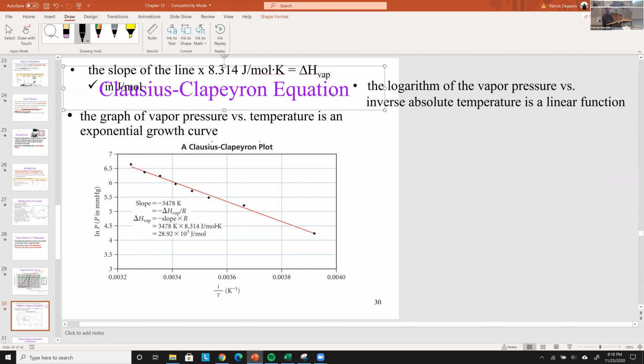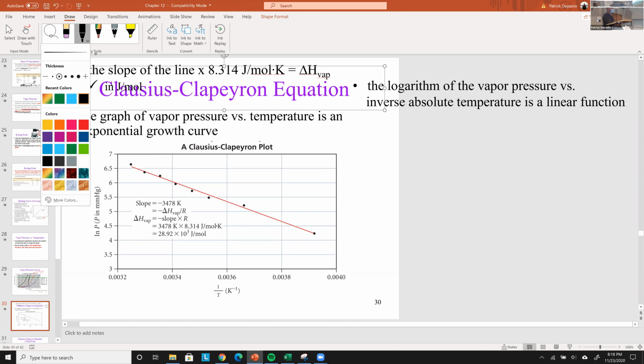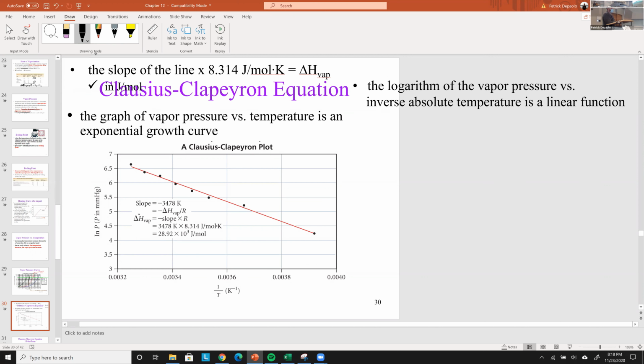Okay, what it is is we can find out the heat of vaporization using the slope. And the slope tells us the energy per mole, of course, because we're doing this all in per mole, per degree. So the energy required per degree of the vaporization.